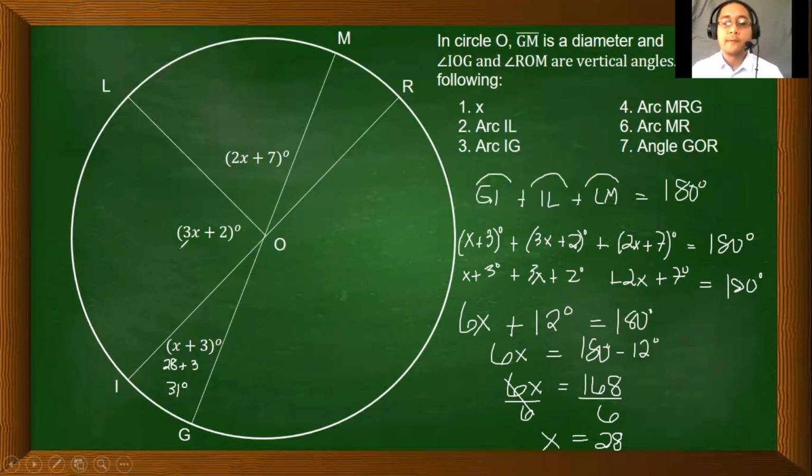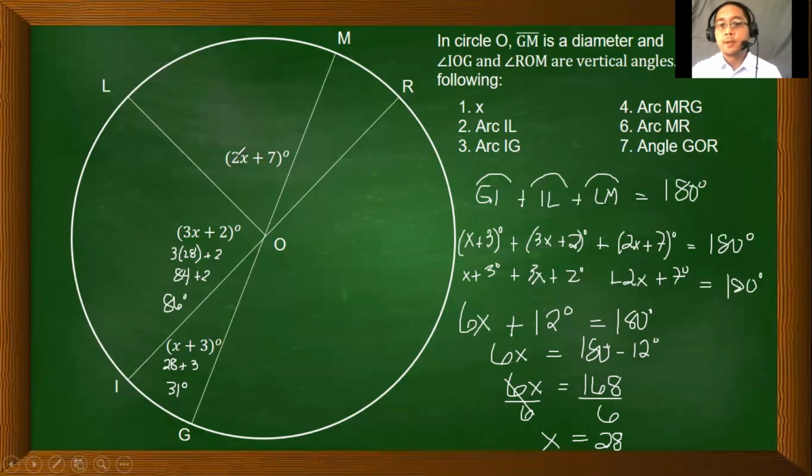How about for the next item, which is 3x plus 2? All we need to do is substitute 28. So we have 3 times 28, which is 84, plus 2. And the result is 86.